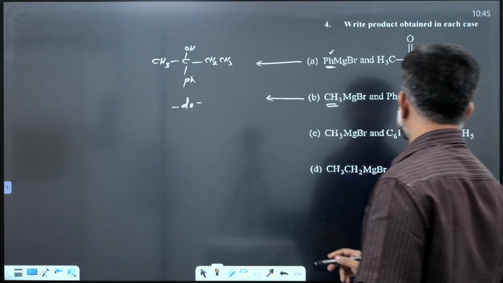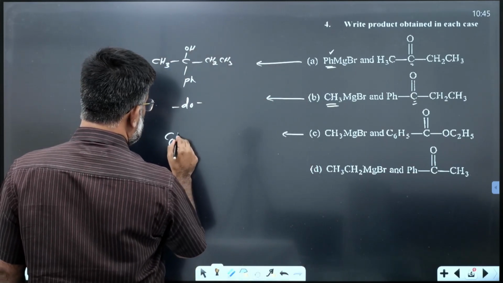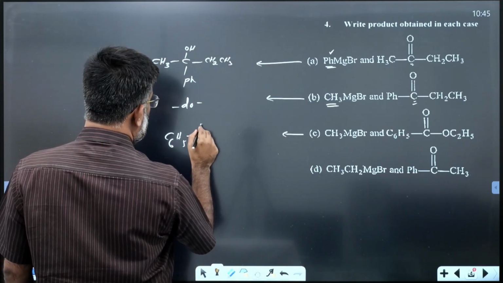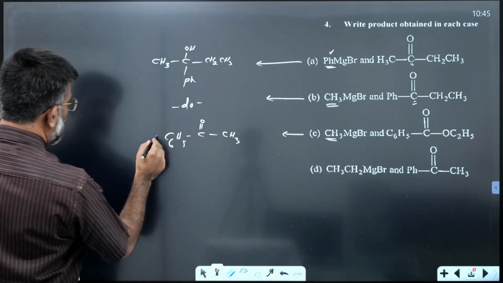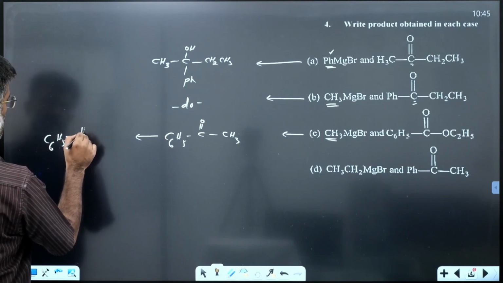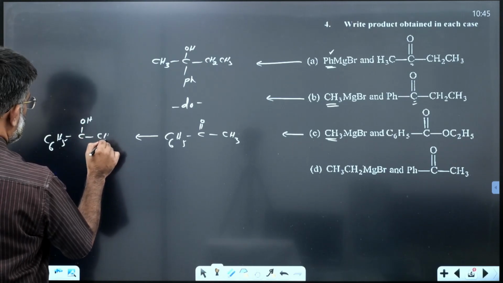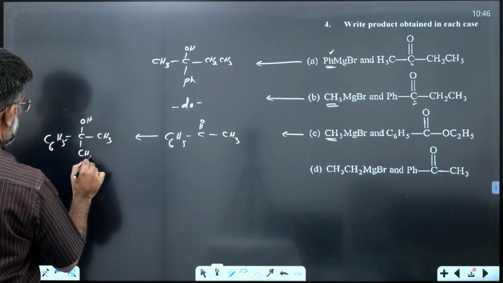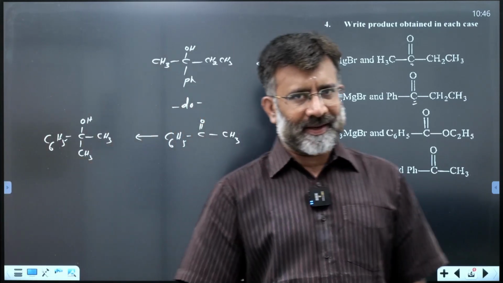So first you will get a ketone, C6H5COCH3. This is the CH3. And further you will get a tertiary alcohol, C6H5COH, CH3. This is the product, but that is different from the A and B combinations, right?